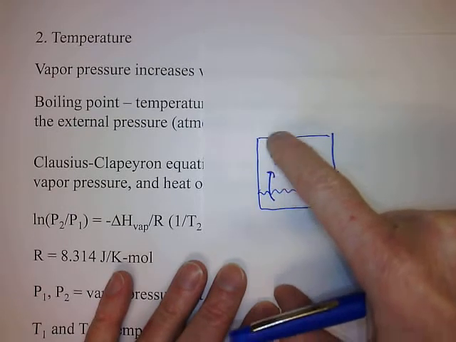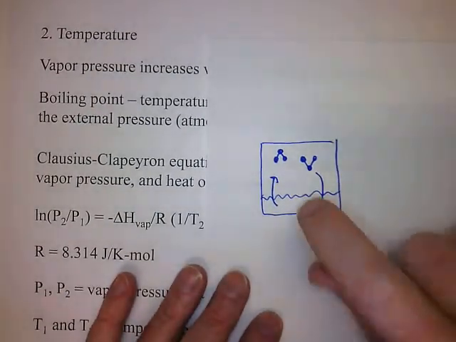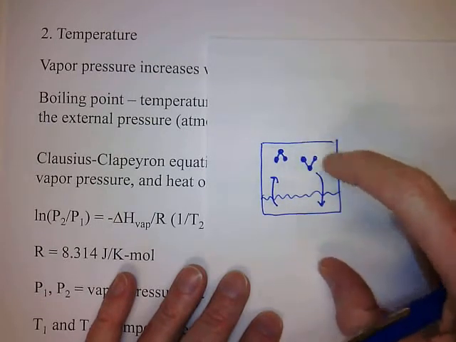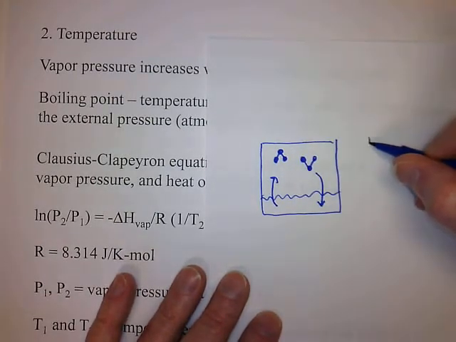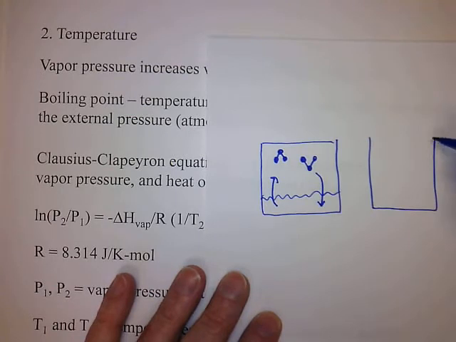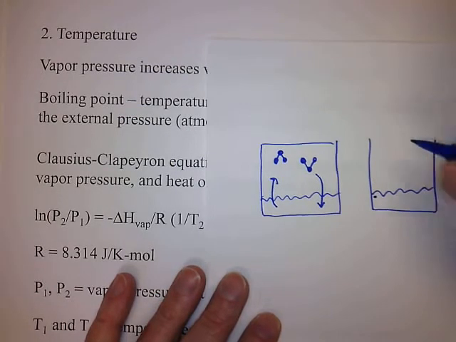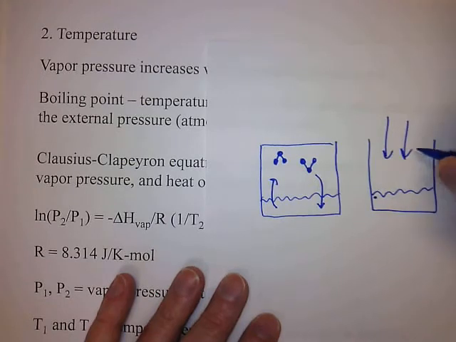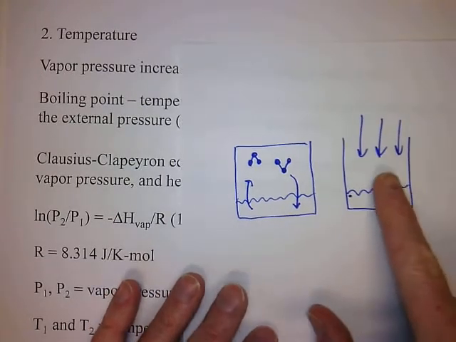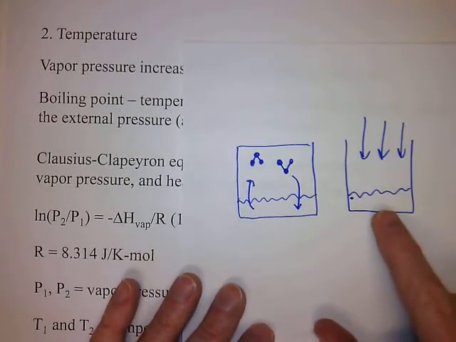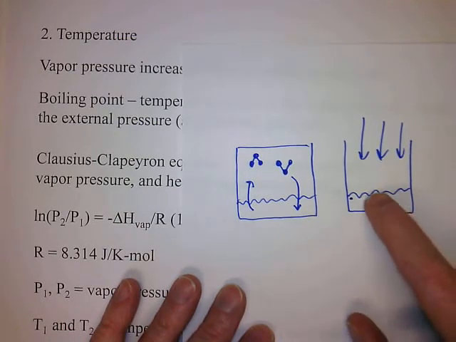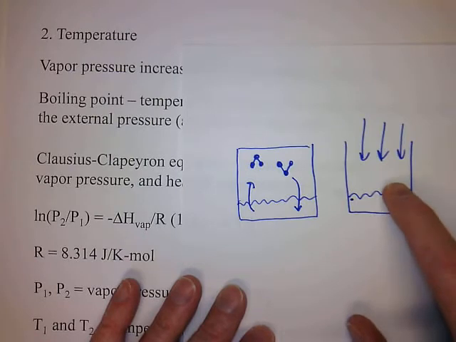If we're dealing with an open flask, the external pressure is 1 atmosphere. In other words, we have 1 atmosphere of pressure pressing down on that flask. Water, one more time, boils at 100 Celsius because that's the point where the vapor pressure equals atmospheric pressure.